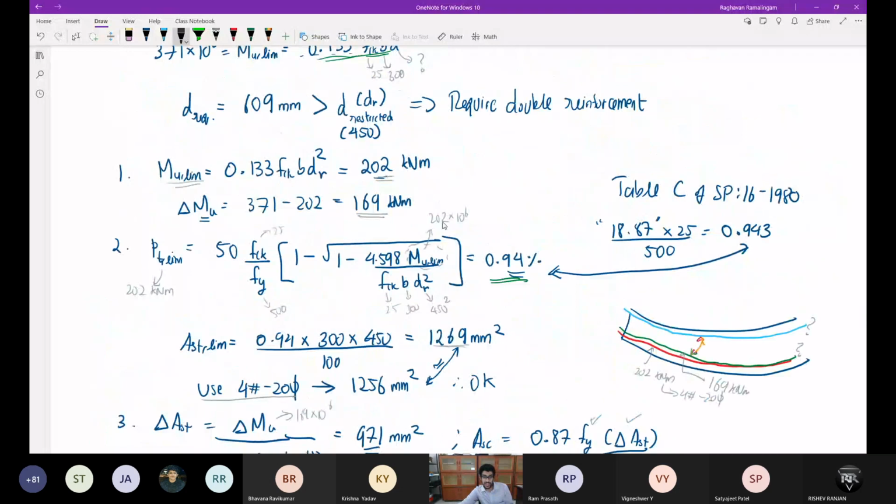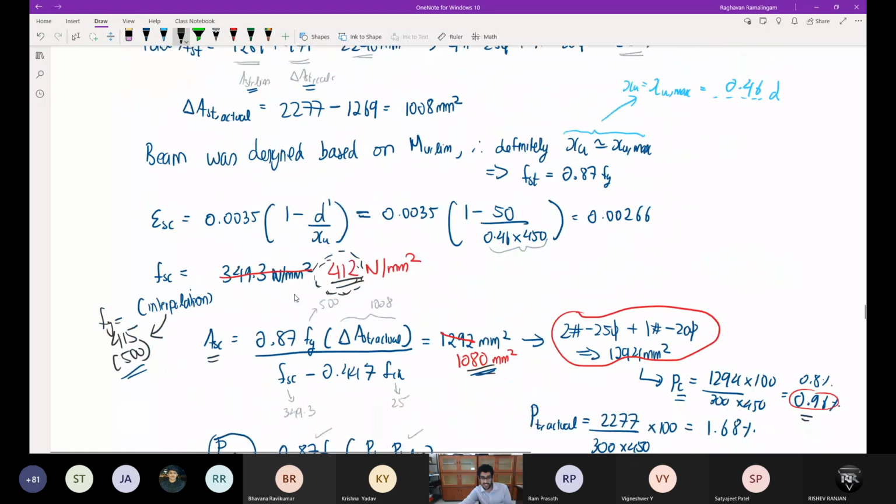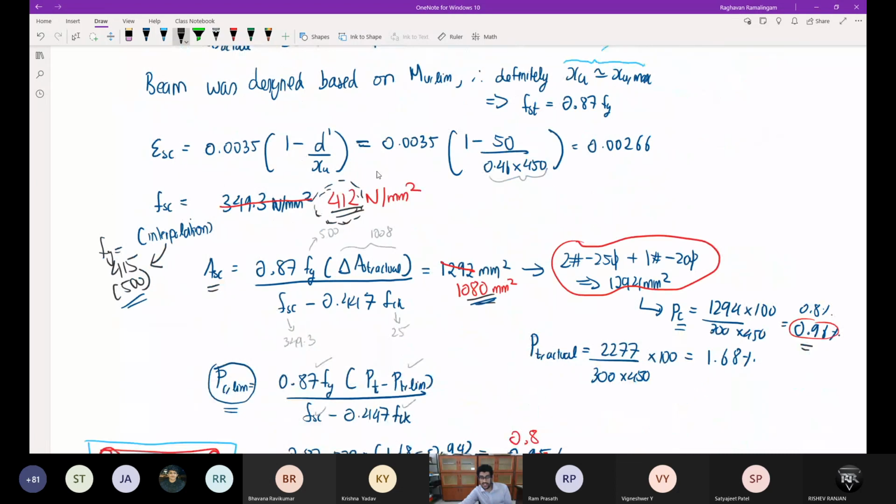And if you look at the PT limit calculation, I had not made the mistake of putting this as 415. We had used 500 as should have been used, and we got 0.94. The mistake was in the calculation where, instead of looking at the FE 500 table, I had looked at the FE 415 table and put that value of FSC.